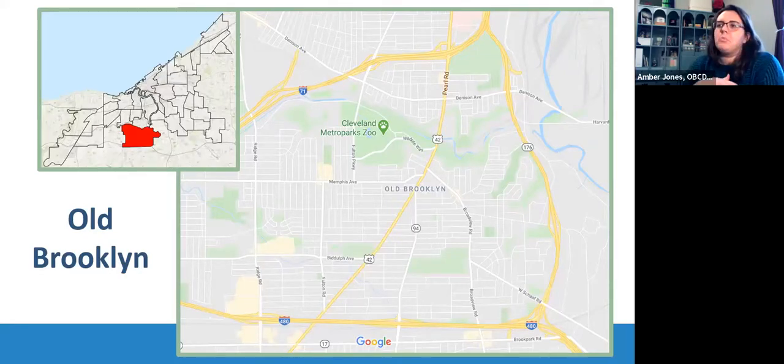We are bordered on the north by the Cleveland Metroparks Zoo, on the east side by Freeway 176 and go a little over it, on the south side by 480, and on the west side by Ridge Road, where we intersect and overlap a little bit. Our office is right in the heart of Old Brooklyn, almost exactly where the Old Brooklyn letters are on your map, so we are thinking about all of our residents and addressing their needs.